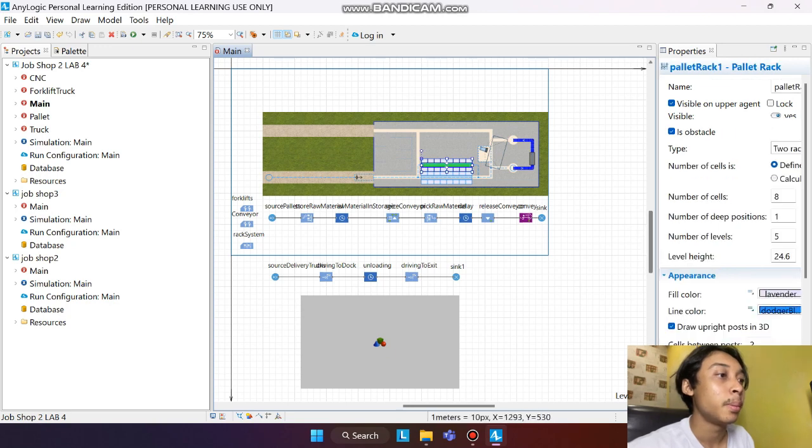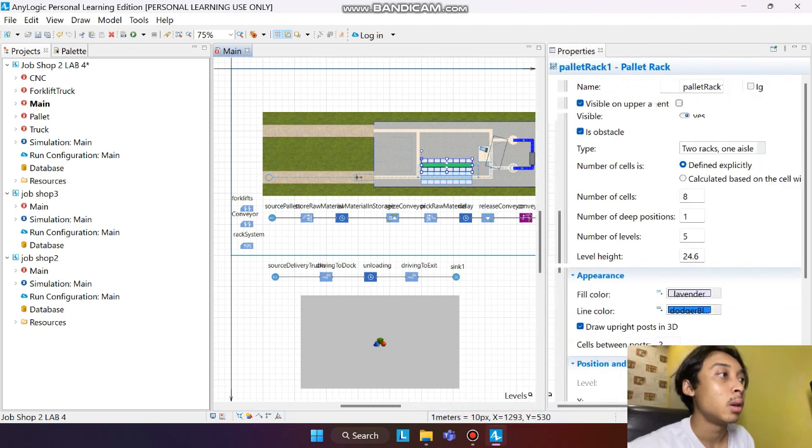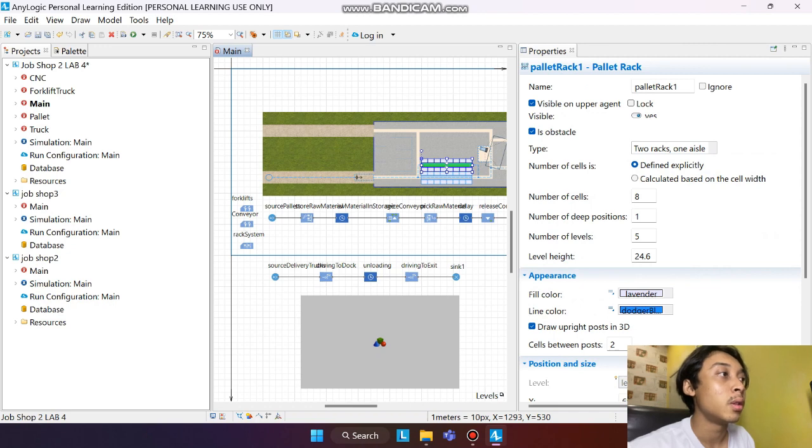So my pallet rack uses level of height 24.6, like the answer of question 1. Okay, that's it for simulation for question 2C. Okay, next Hakim will conduct question 3. Thank you.